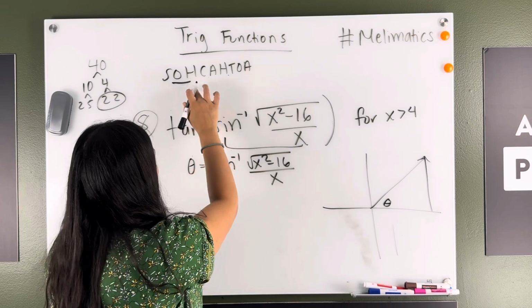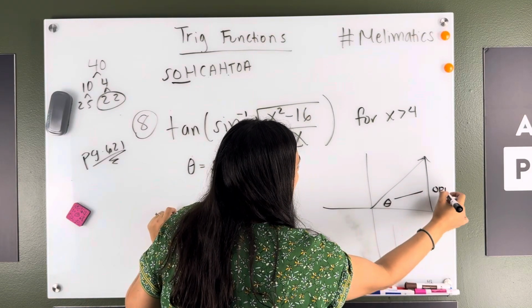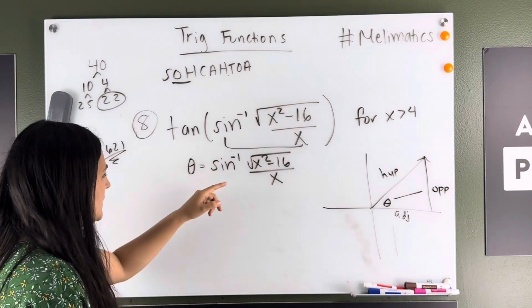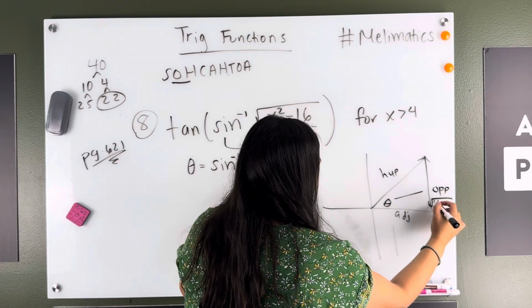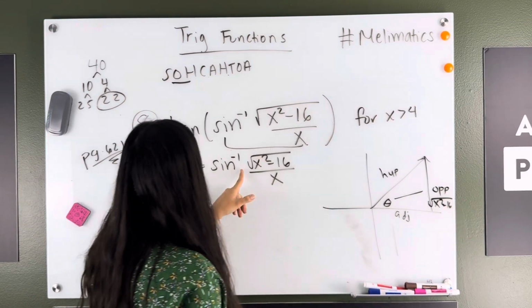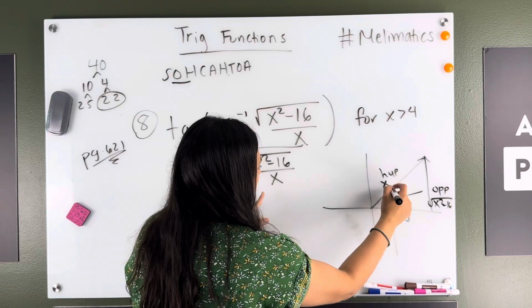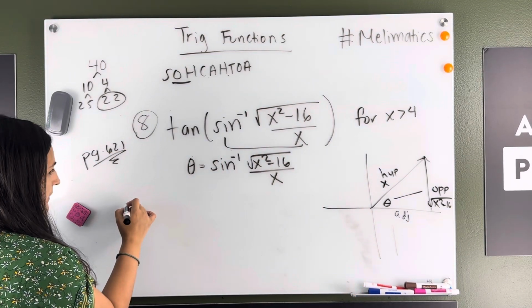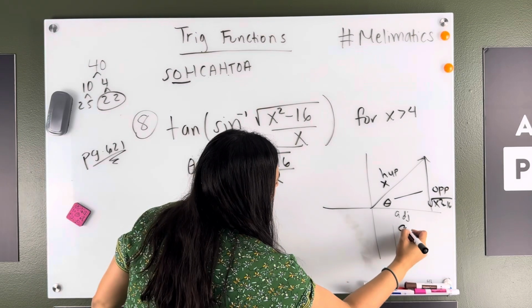So opposite over hypotenuse. So opposite will be the numerator. Hypotenuse will be x. Go ahead and find adjacent using the Pythagorean theorem. So I'll let adjacent be a.